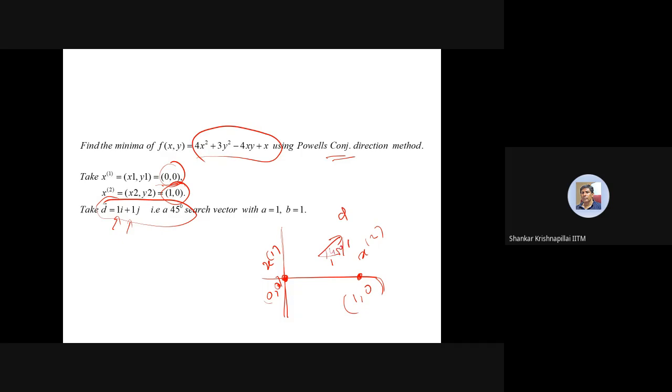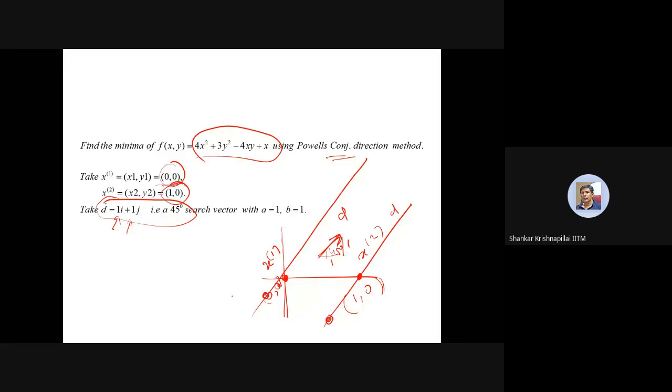So what you do is that through 0, 0 you have to do a line search parallel to D. And then after that, through 1, 0, you have to do a line search parallel to D, and then you will find the 2 points, M1 here, M2 here, and then you have to do a line search between M1 and M2. So the minima will come somewhere here. So this is what I am showing in advance.